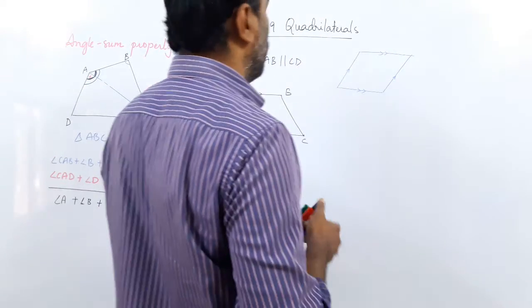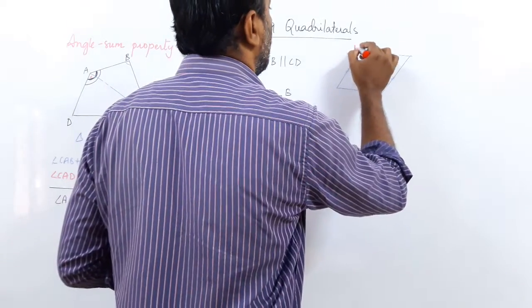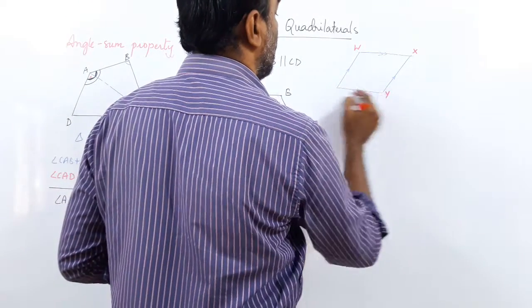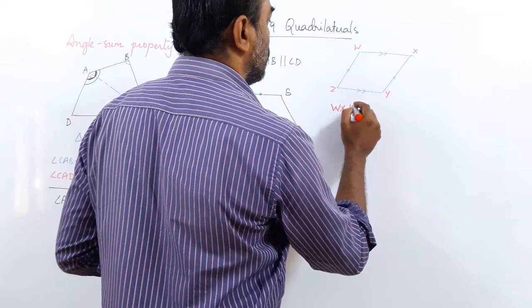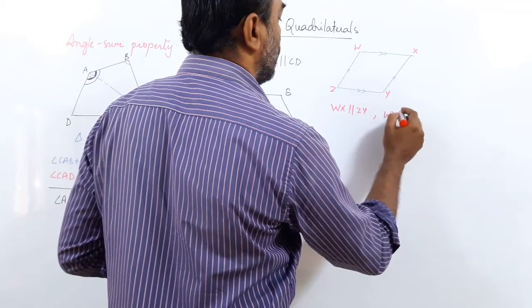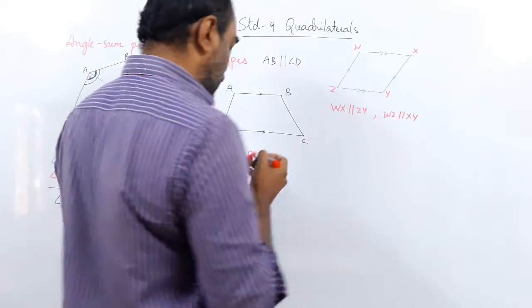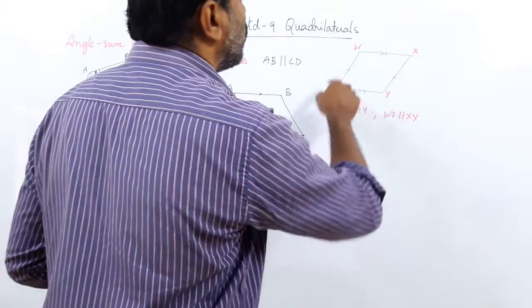So in a trapezium, only one pair was parallel. Say this is W, X, Y, Z, a quadrilateral. WX is parallel to ZY and WZ is parallel to XY. Earlier only one pair of opposite sides was parallel. Here both pairs of opposite sides are parallel.